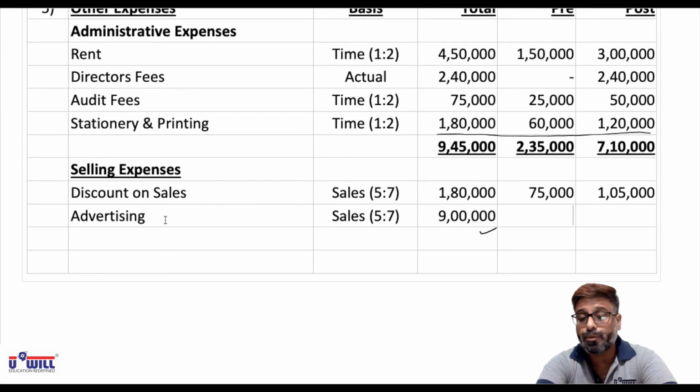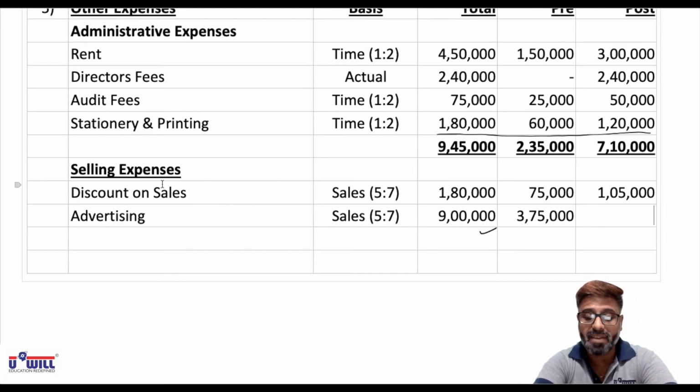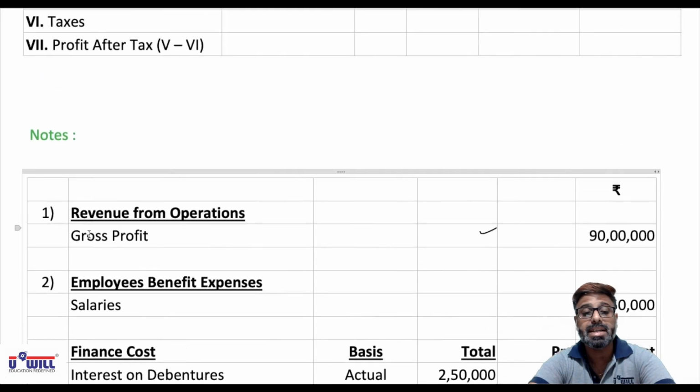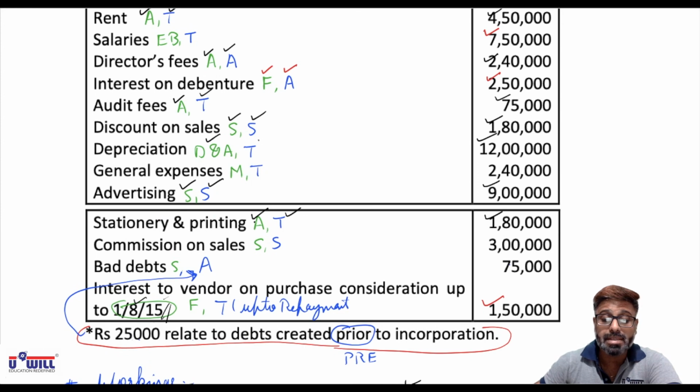So 9 lakhs into 5 by 12 is 3,75,000, and 7 by 12 is 5,25,000.